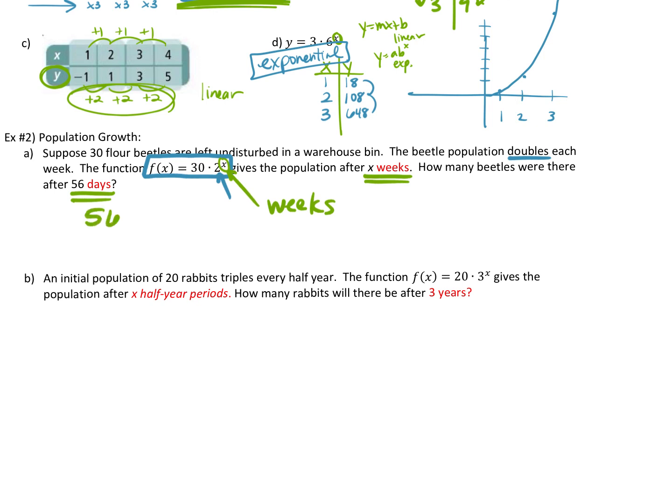Divide by 7. 56 divided by 7 is 8. So this is going to be your x. And then we're just going to plug that into the function. So get your calculator out, because I don't expect you to do this in your head. You're going to say f of 8 equals 30 times 2 to the 8th power. Plug that in, because I would hate for this to be the reason you do something wrong. This should be the easy part.